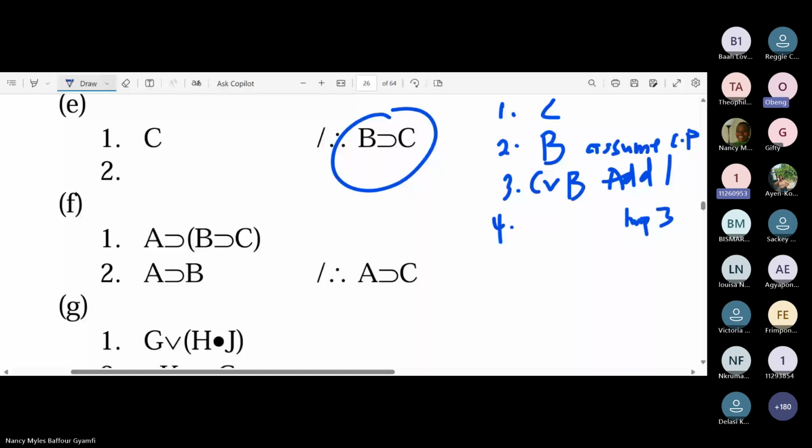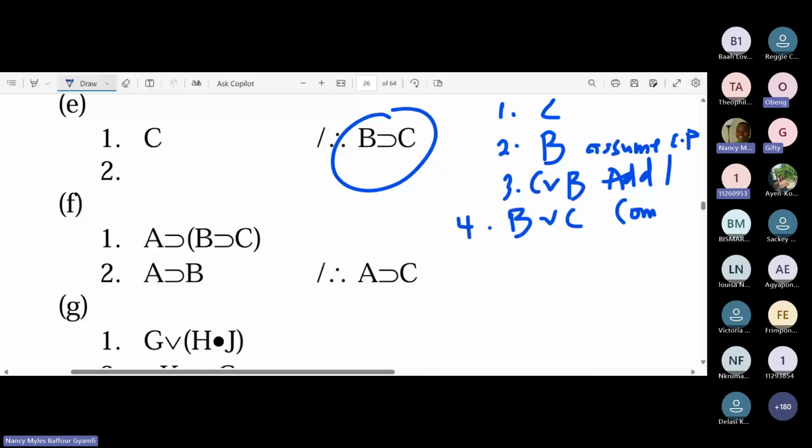So I should do commutation on three. So that becomes B or C. I've done that.